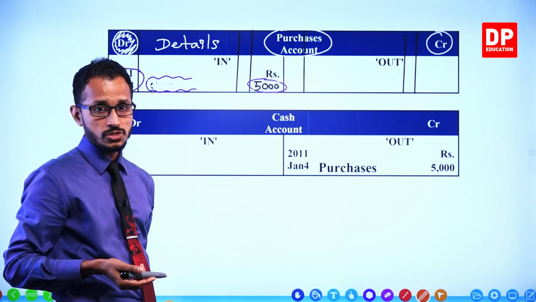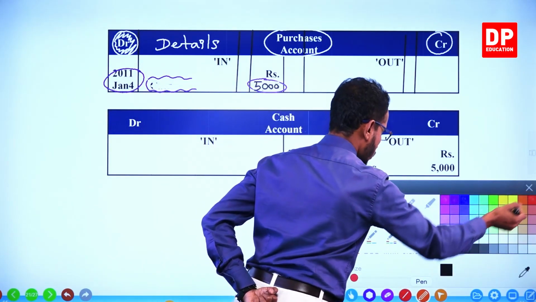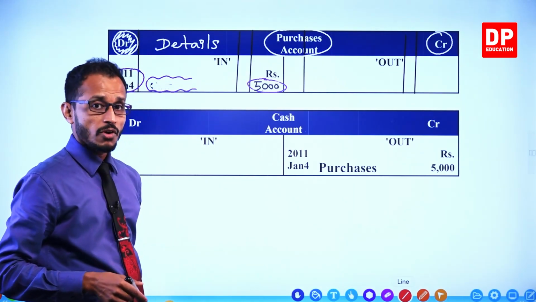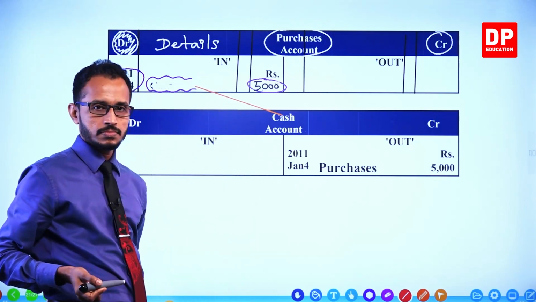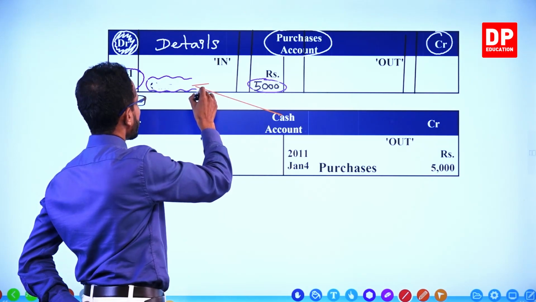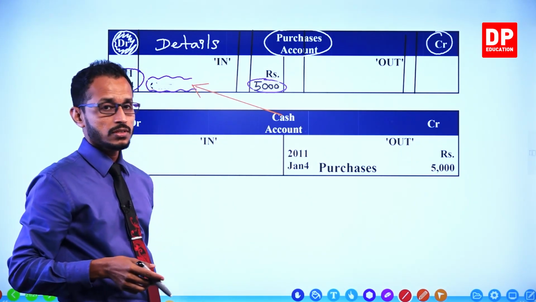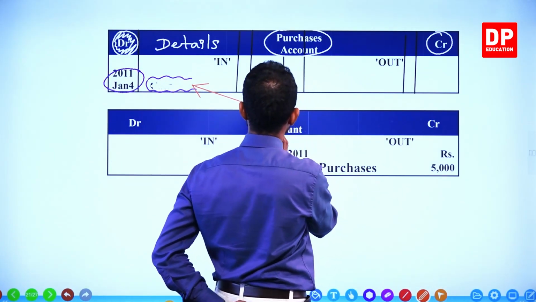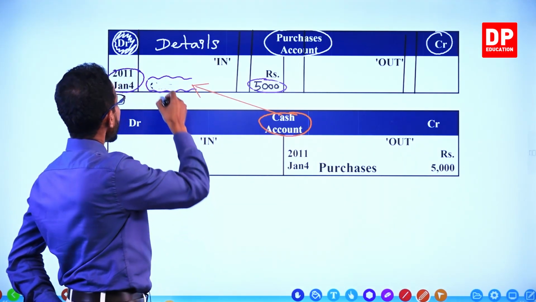How do you put the details? Children, the details column should be filled with the name of the other account, which is the credit account. So that is cash.